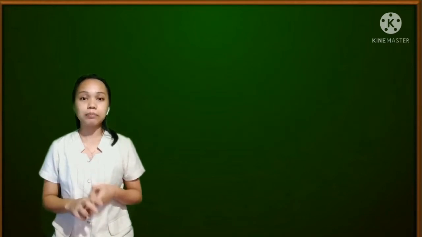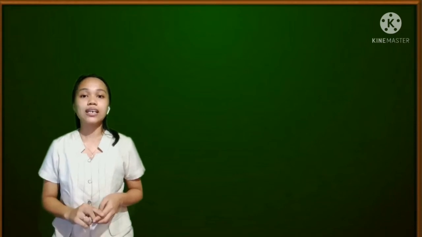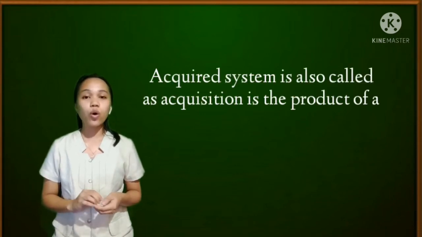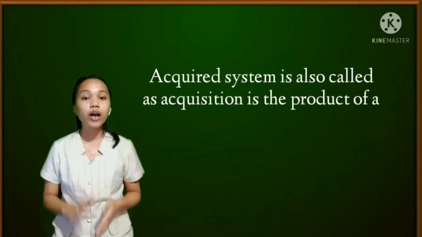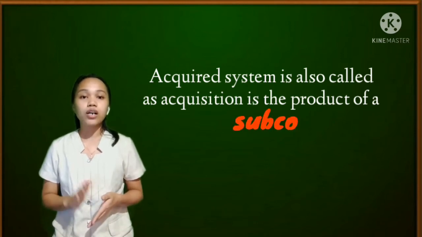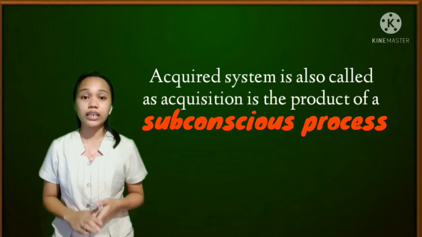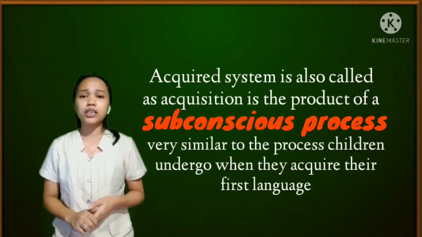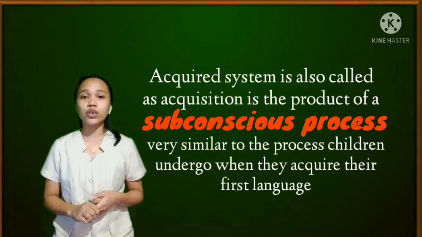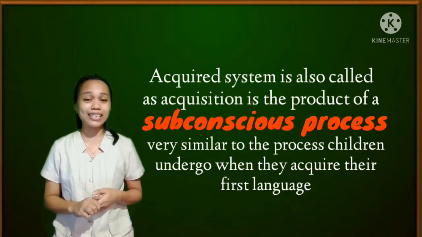The acquired system, or we can also call this the acquisition, is the product of the subconscious process. Subconscious means involuntary. Very similar to the process children undergo when they acquire their first language.